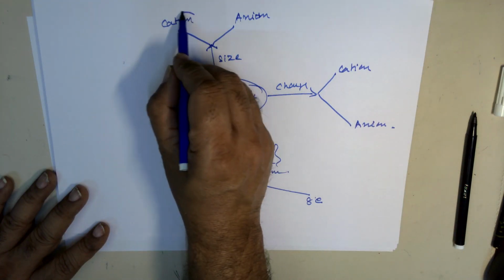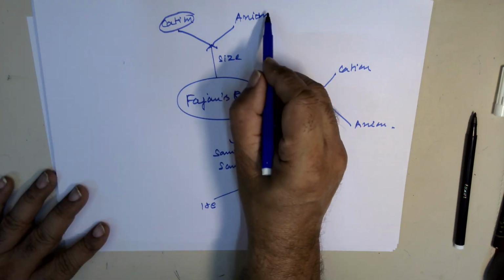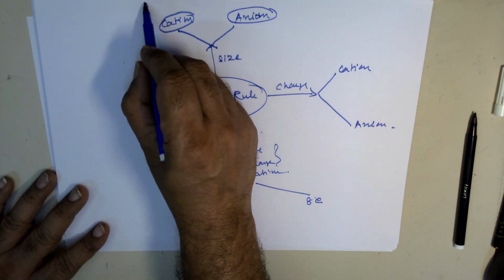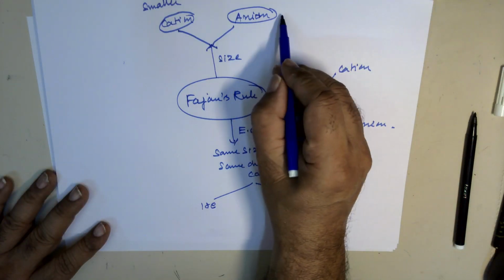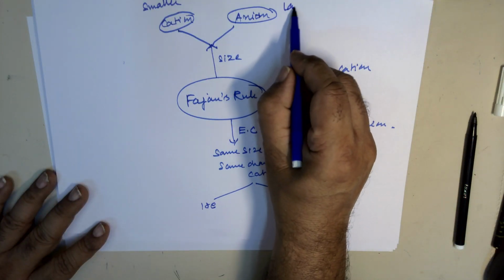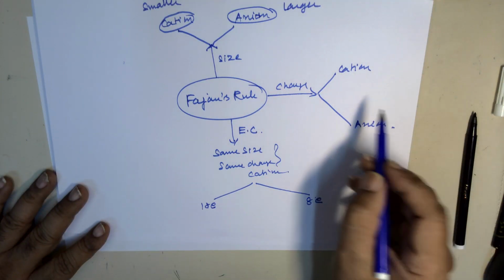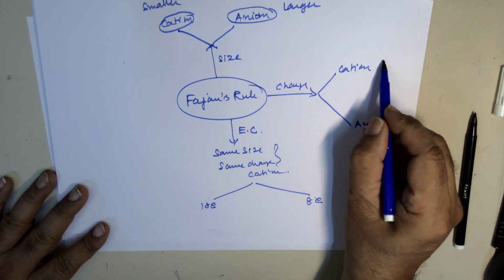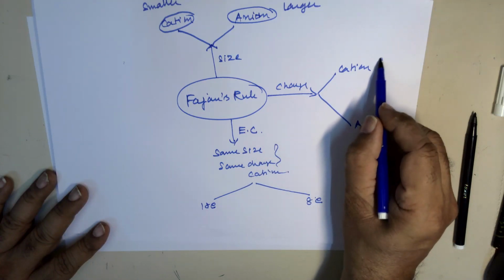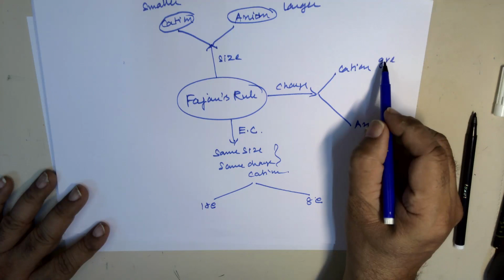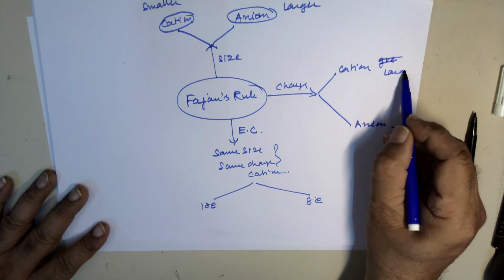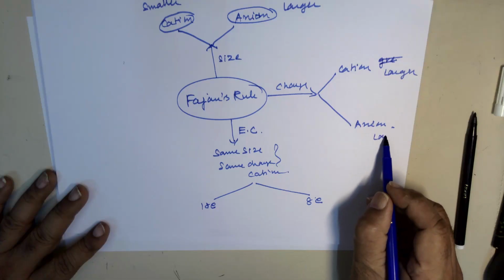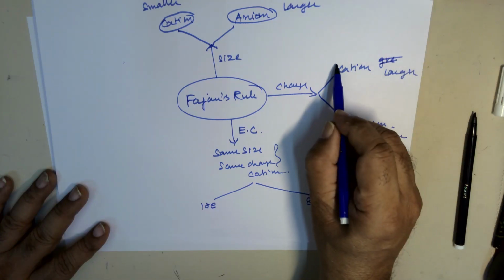So in the case of cation, what should be the size? Smaller. And what about anion? Larger. And what about the size? Greater, or larger, you can say. Here also larger.